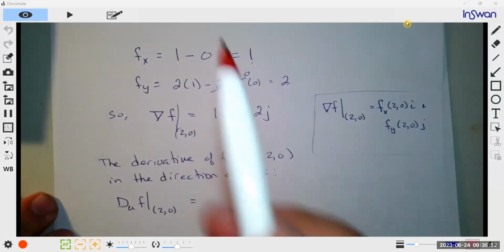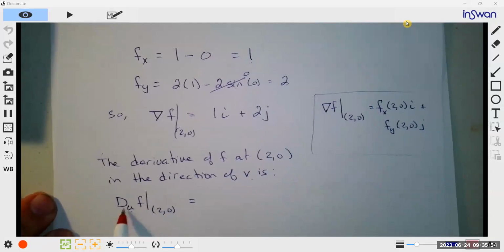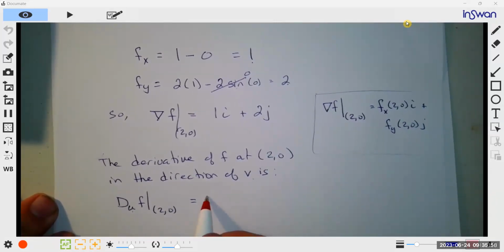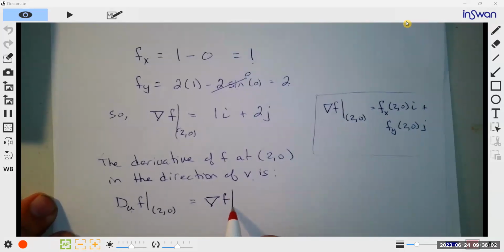Even though the question says we want it with v, in order to find the actual value, you have to find the unit vector u. So that equals del f at 2, 0 dot with u.